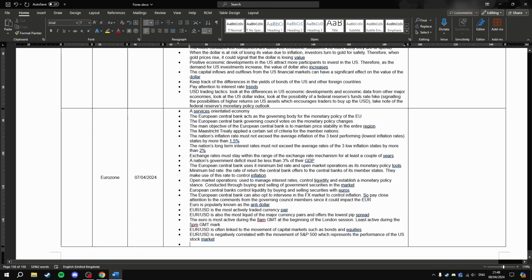Negatively correlated meaning if the S&P 500 moves up, then EUR/USD is going to go down, and if EUR/USD is going to go up, then the S&P 500 is going to go down.